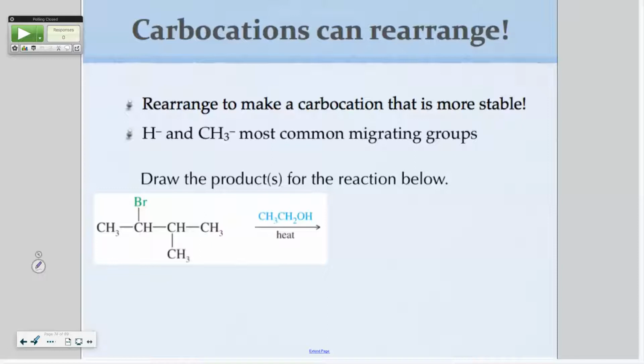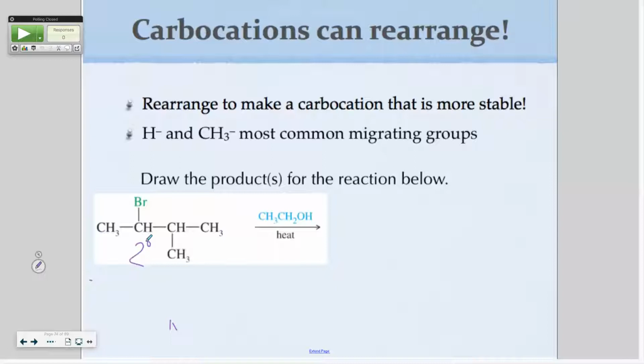So while I do this, y'all are figuring it out, right? It's drawn. How do you know that that's going to be an SN1 reaction? Okay, that's a good question. Give me some reasons. Because it's a carbocation rearrangement. Does that have a negative charge?